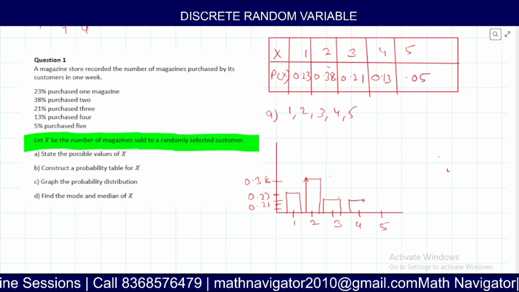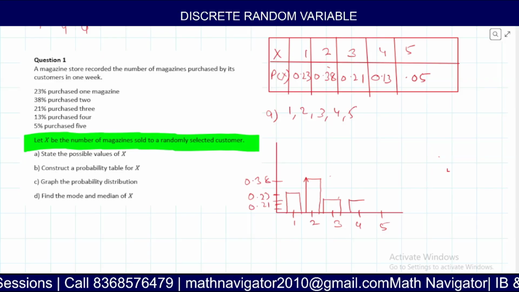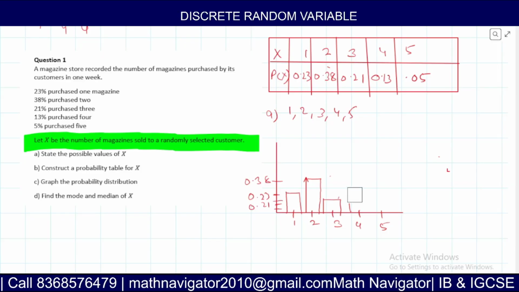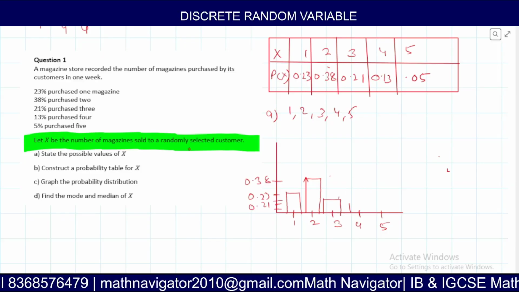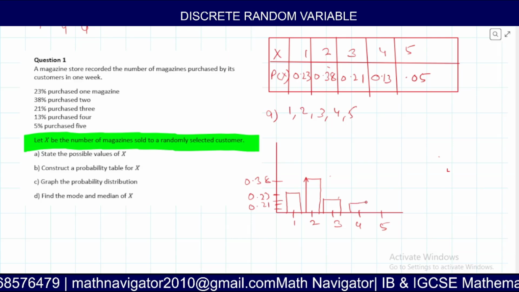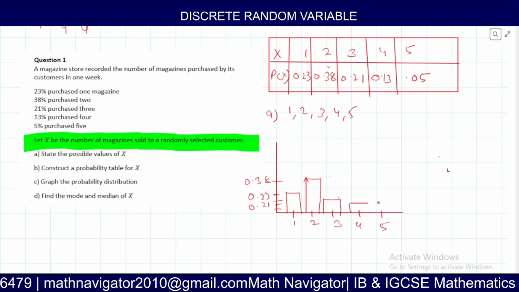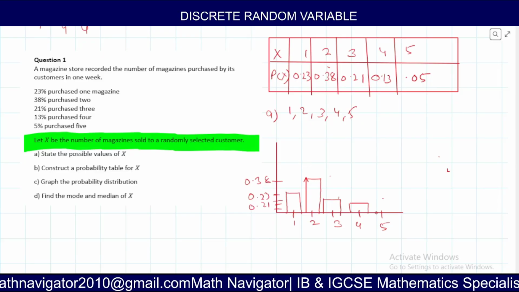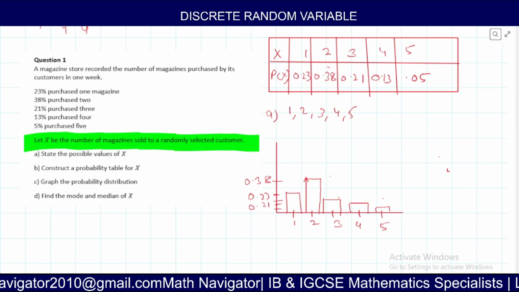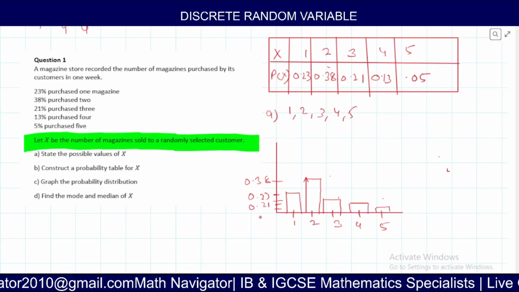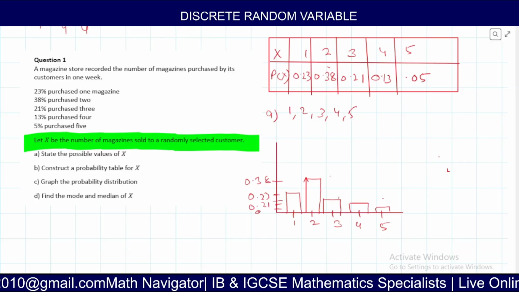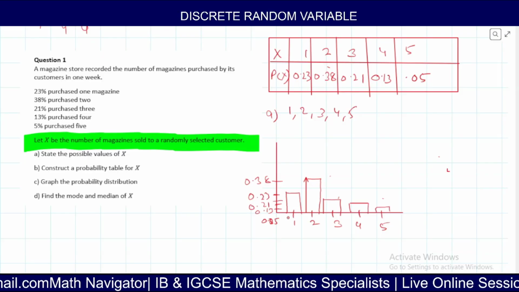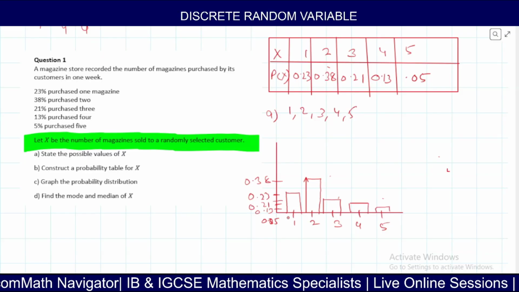It will be like this. Then it will be 0.05. So this is my whole answer. Got it? So this is how you will solve.